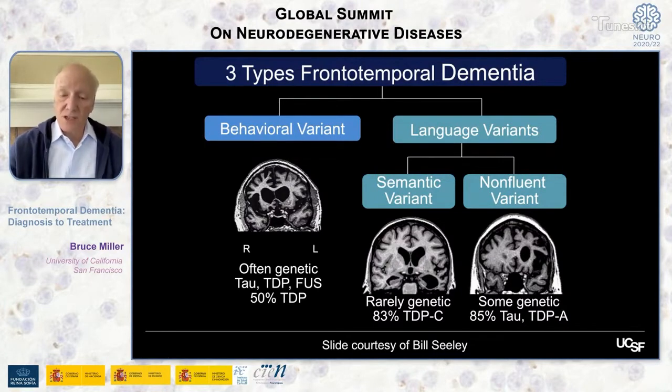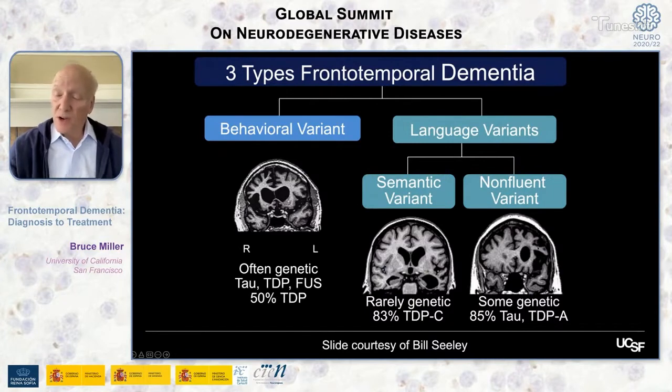It involves the temporal lobes much more strongly than the frontal lobes. It is rarely genetic, and when it is genetic, it is almost always caused by a mutation in TDP. About 85% of the cases that we have with this variant are pathologically associated with TDP-43 type C aggregates.